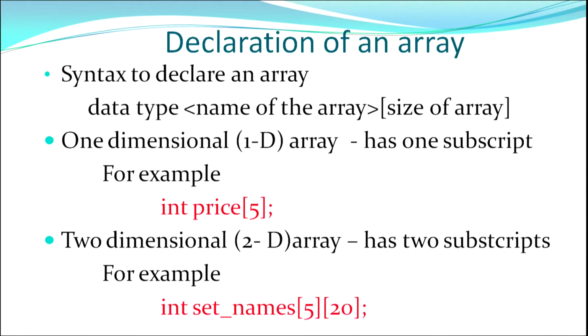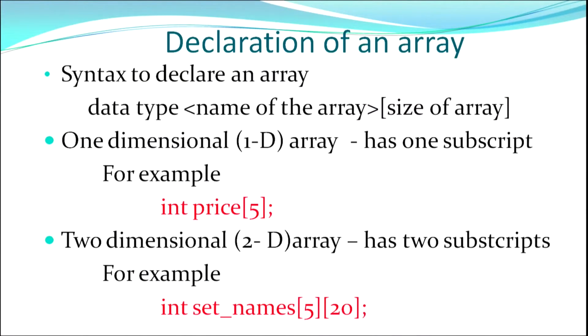Since this has only one single subscript, here the subscript in square brackets is the number 5, it is a one-dimensional array. The second example talks about int set_names. The variable name is set_names and the size of the array is 5 and 20.